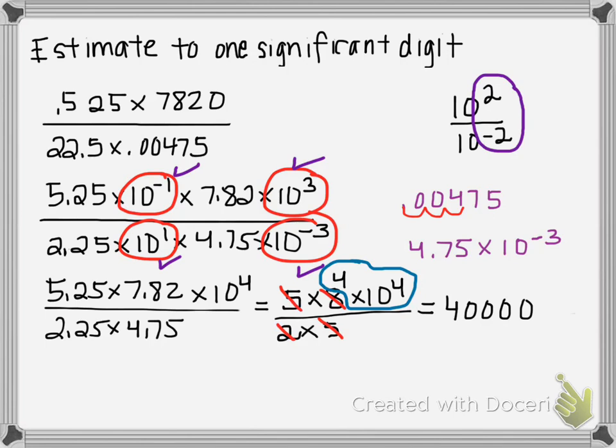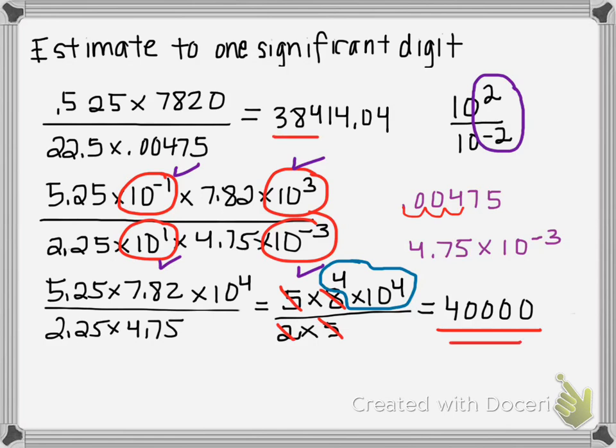If I were to go back up to the top, to this original expression, if I had plugged that into a calculator, what would I get? I would have gotten 38,414.04. So we can see what we did with the estimation. The estimation got us 40,000. And down on the right, remember we got 40,000.